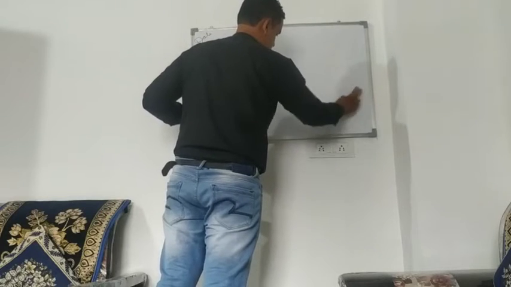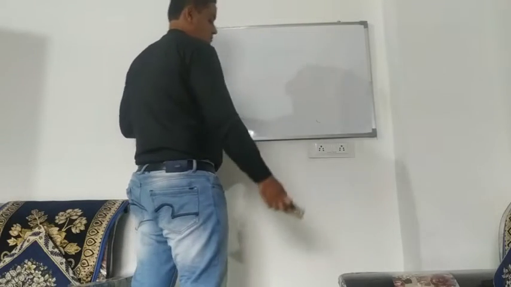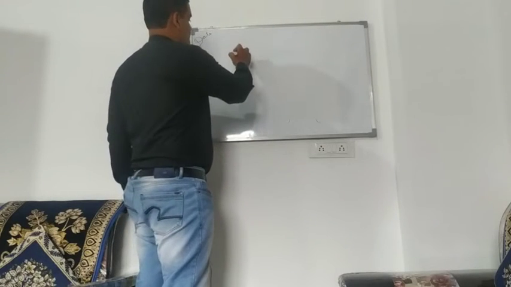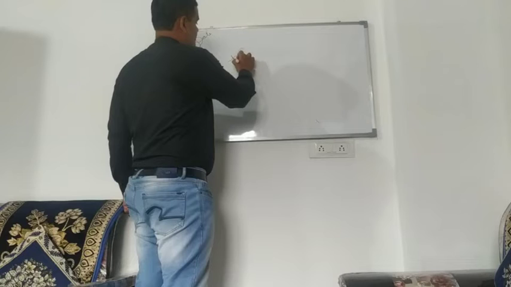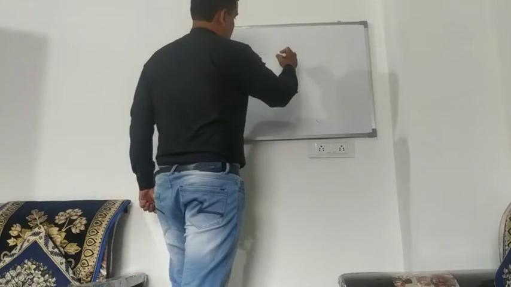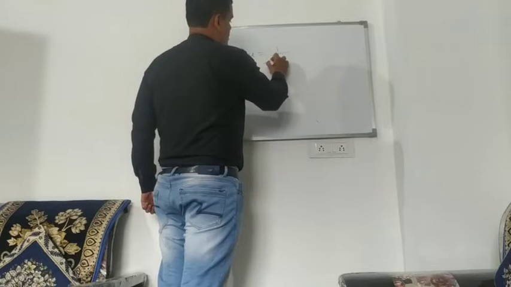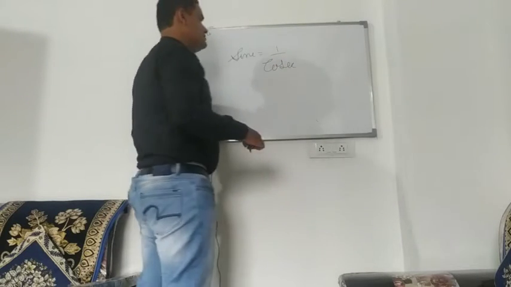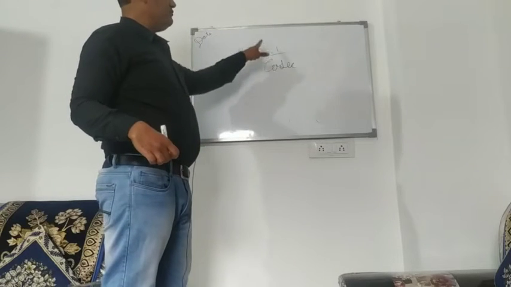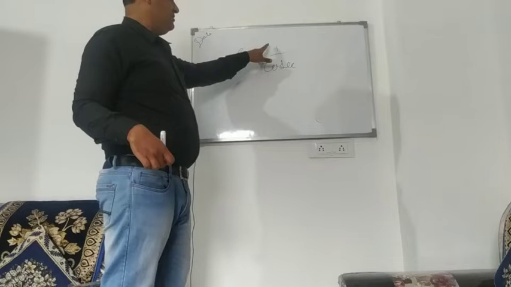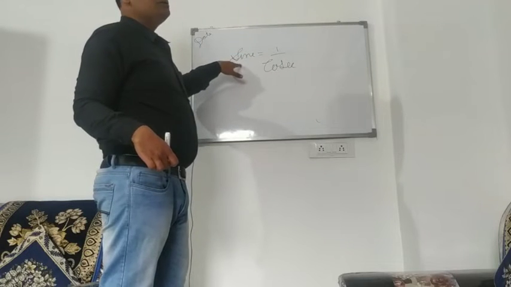Now, sine is one upon cosec. What is cosec? One upon cosec is equal to sine.